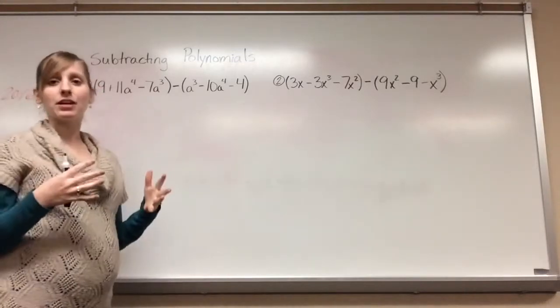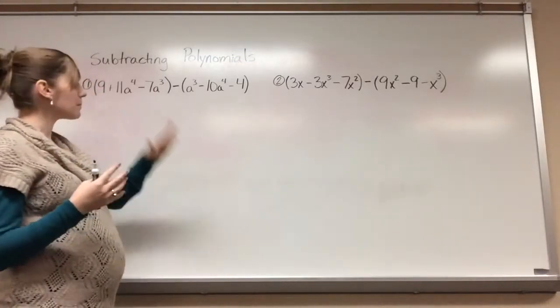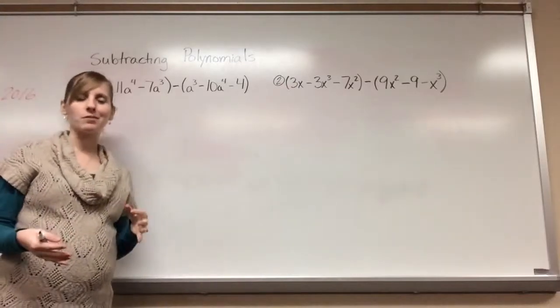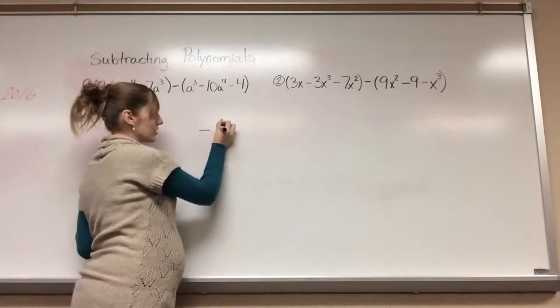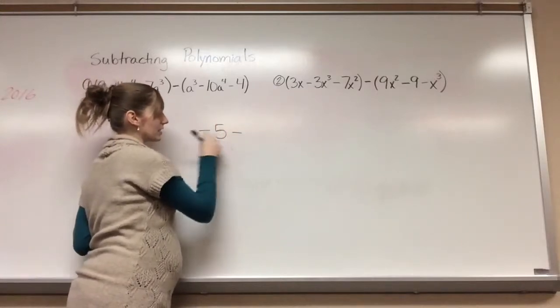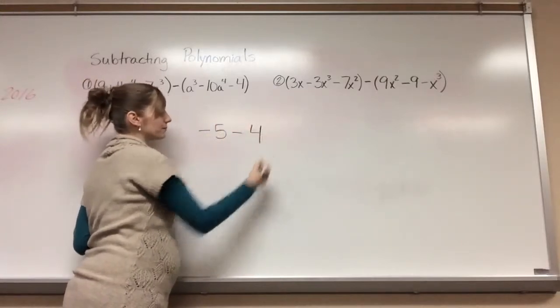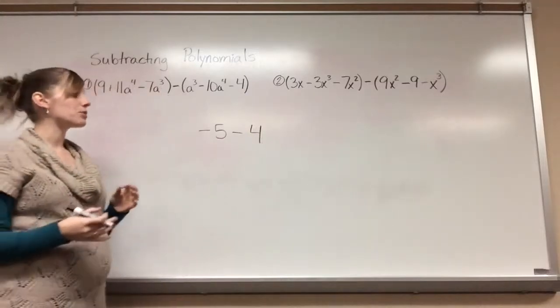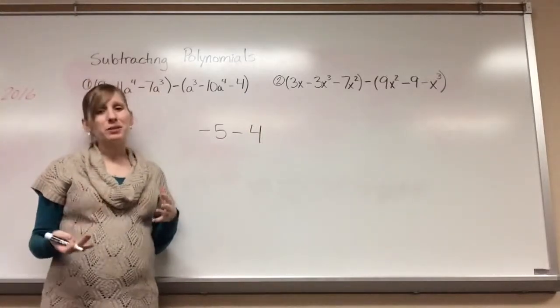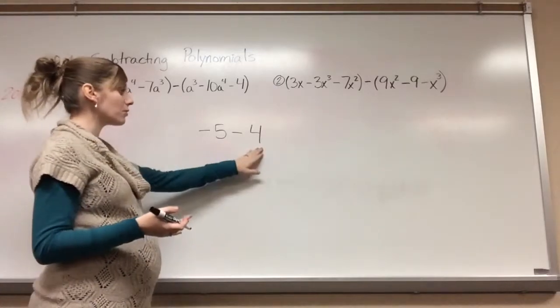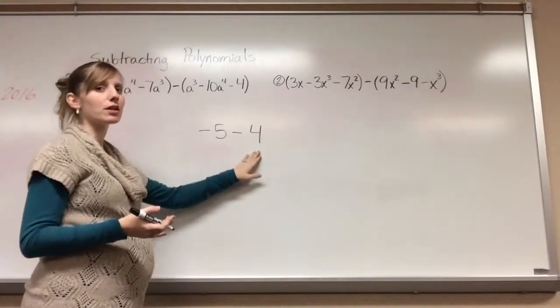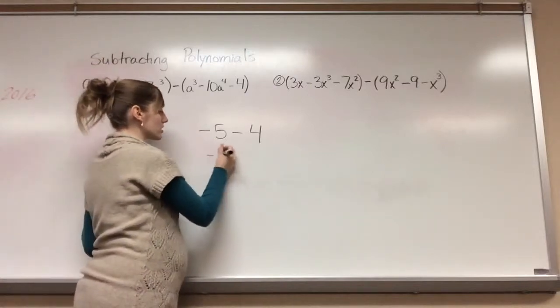So the first thing that I want to do, though, is to demonstrate what we're going to be doing with polynomials with integers. So we've done subtracting integers before. That's in a previous lesson, -5 minus 4. And we learned that with subtracting integers, the best way to solve these is to add the opposite. Okay, so instead of subtracting a positive 4, what we're going to do is change this problem.